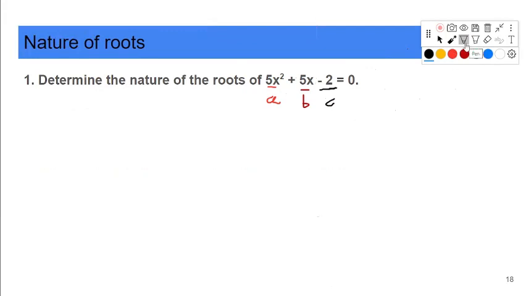So someone can give me the answer, both the value of the discriminant and what type of roots the equation has.